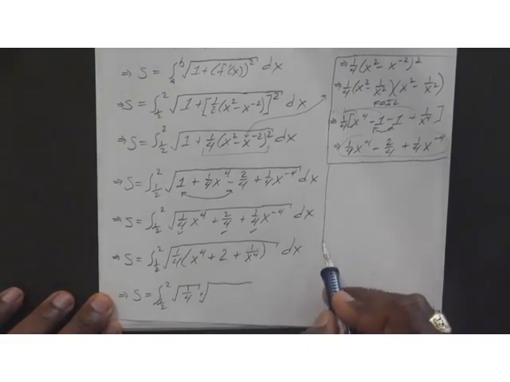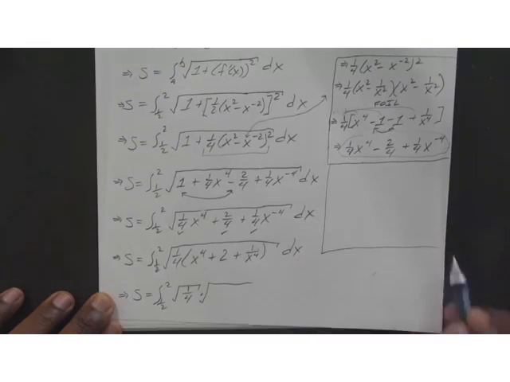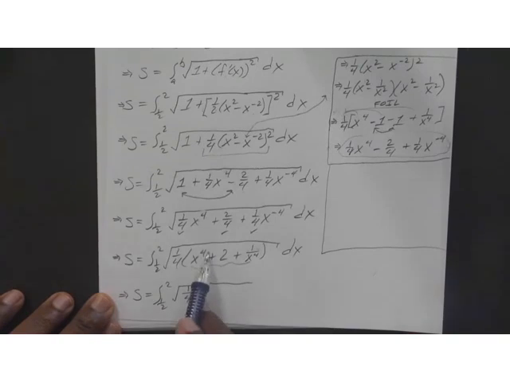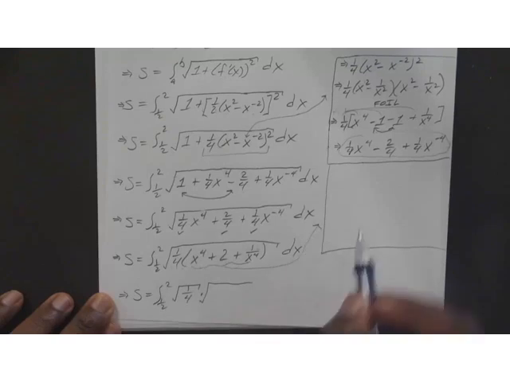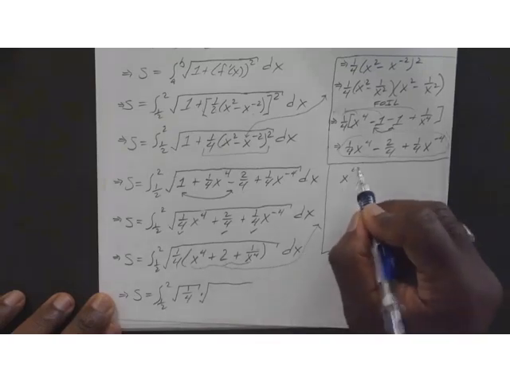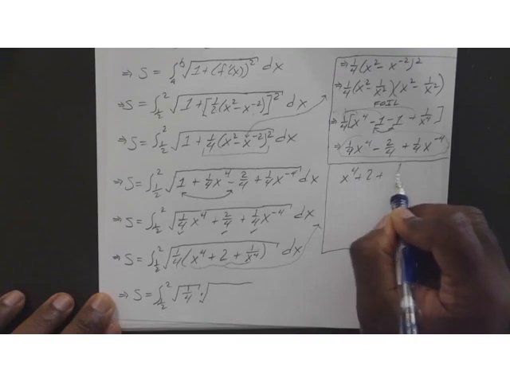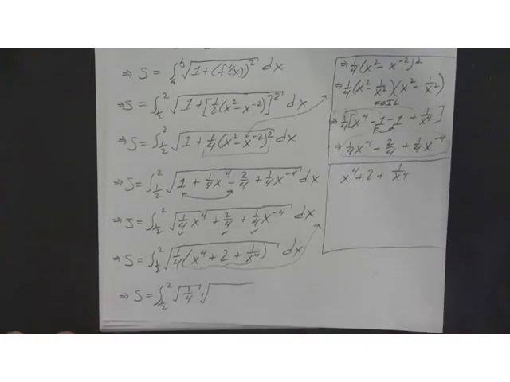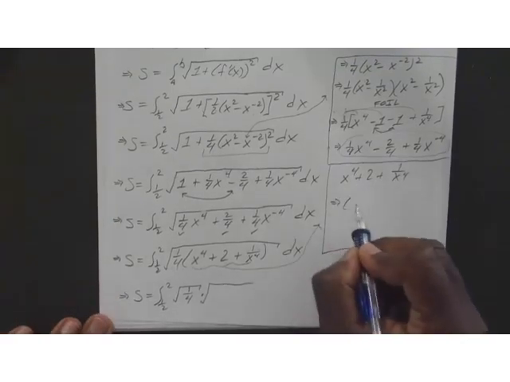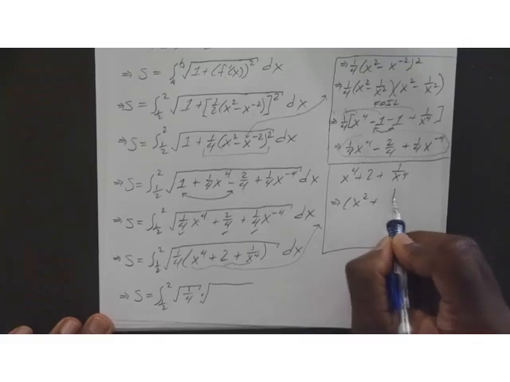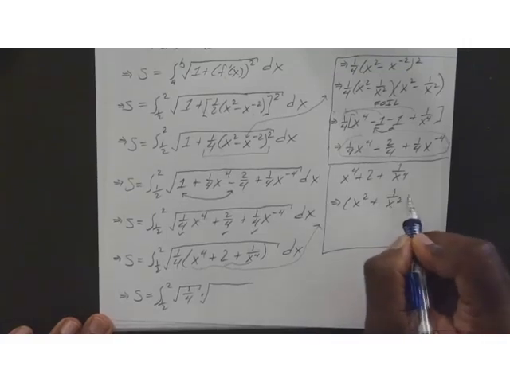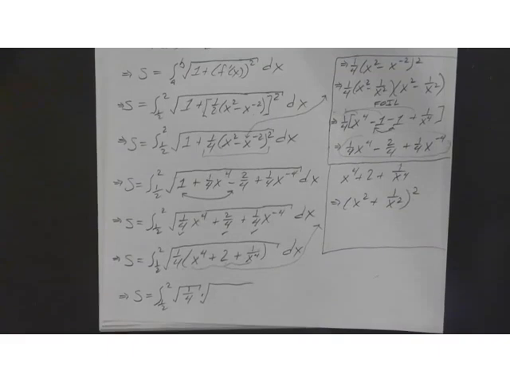And over here, you can actually convert x to the fourth power plus 2 plus 1 over x to the fourth power to x squared plus 1 over x squared, squared.